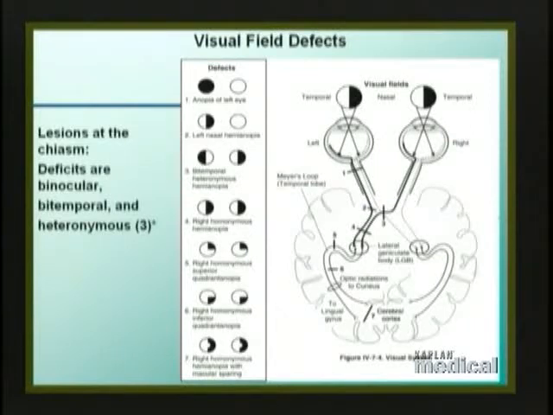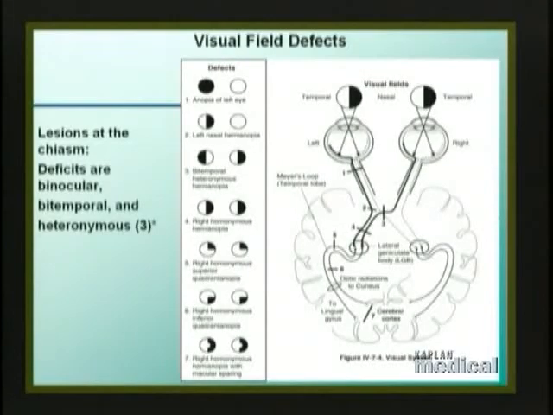In addition, lesions that occur at the chiasm are not only binocular, they're binocular in the sense that the visual field losses are restricted to being bitemporal losses, where you only get visual field shading losses on the outside of each circle, as indicated by number 3. And lastly, lesions that occur at the chiasm are heteronymous, which means the shading deficits are on different sides of the corresponding circles.